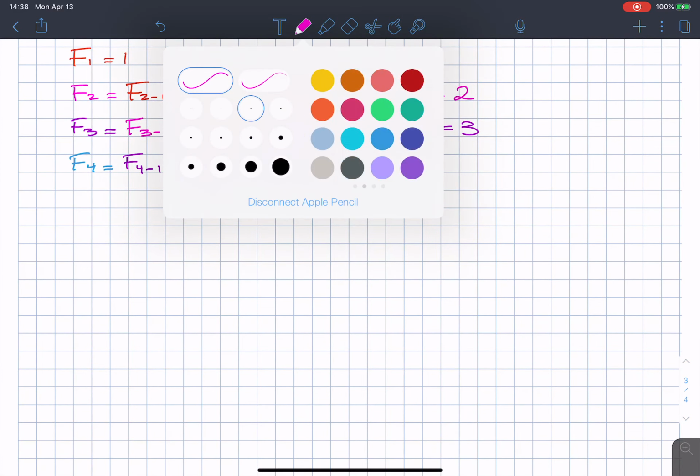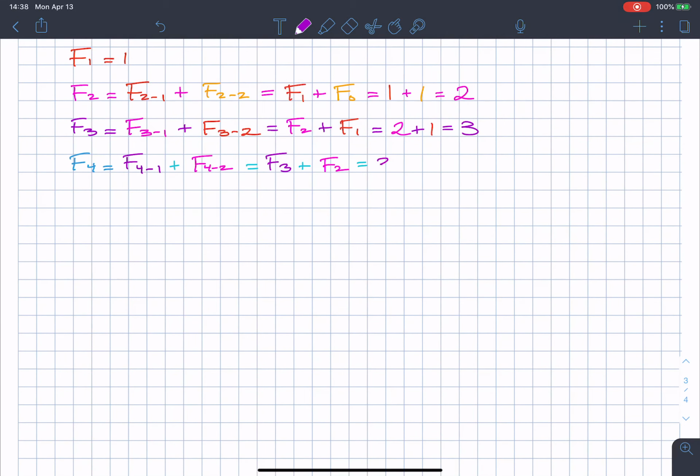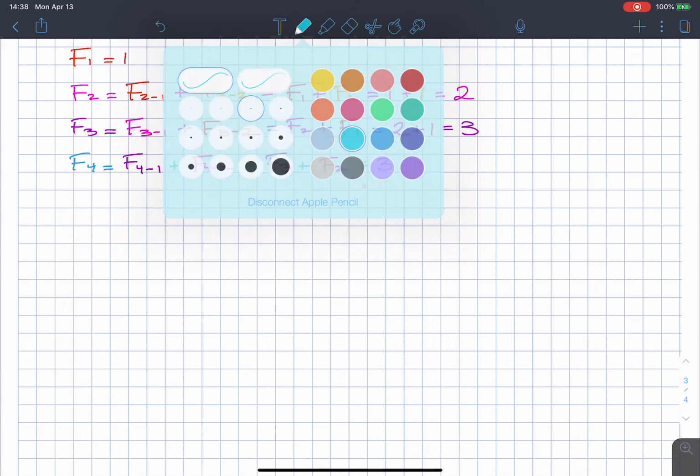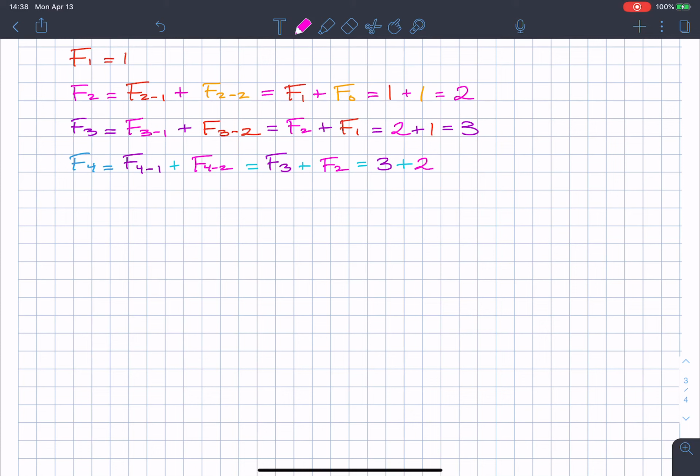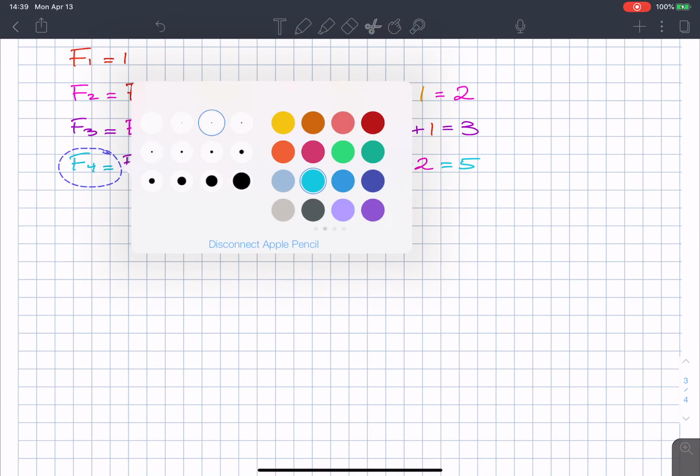Well, we found that f sub 3 was 3 plus we found that f sub 2 was 2. So look what happens. 3 plus 2 is not 4. It's actually 5. Oh, did I use the wrong color blue? Okay, I'll just change this to that color blue.